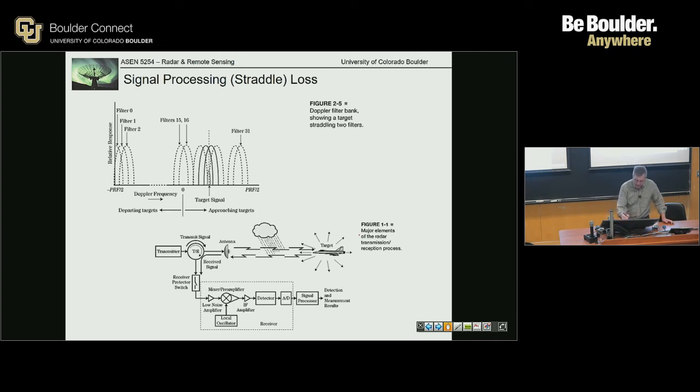We'll talk about calculating the FFT. This is the Doppler frequency. We have targets going away and approaching targets, and if your energy in your FFT is not exactly in the center of your bin, you'll have bleeding into the neighboring bins.